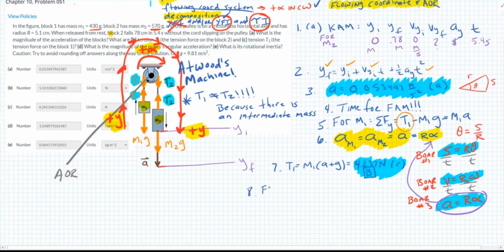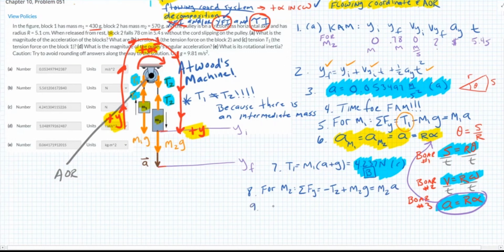The sum of all the y-dimension forces acting on mass 2 is negative T2, because T2 is going in the negative y direction, plus M2G. That's Newton's second law: equals mass times acceleration.